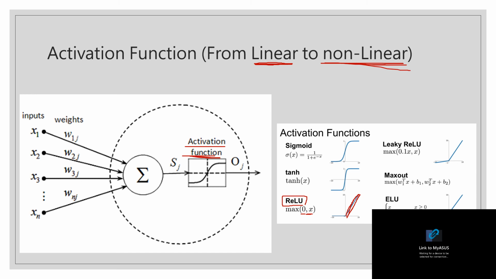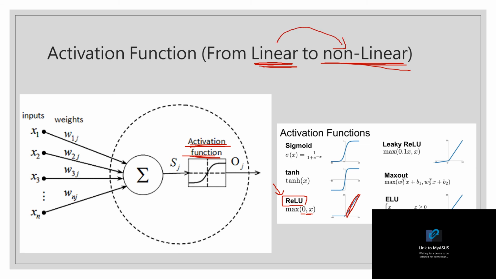ReLU is one of the most commonly used activation functions in deep learning or in neural networks. If you are a computer science student, you need to learn about it. But if you are not, just know that we combine all the linear equations together, and by using activation functions we can turn the linear approach into a non-linear approach.